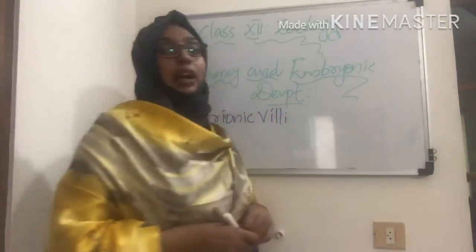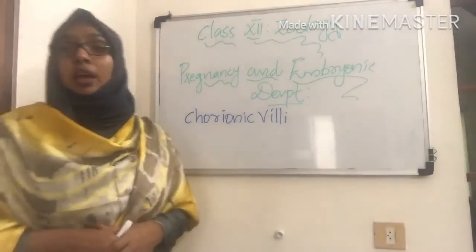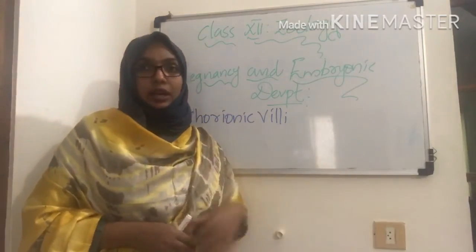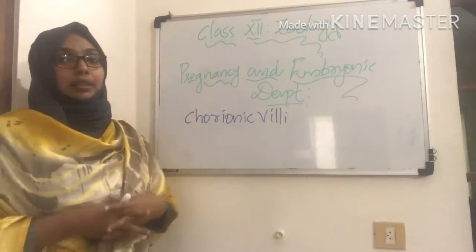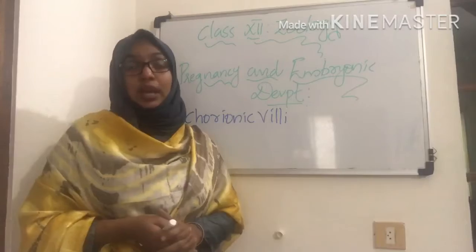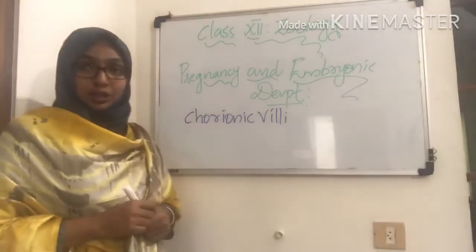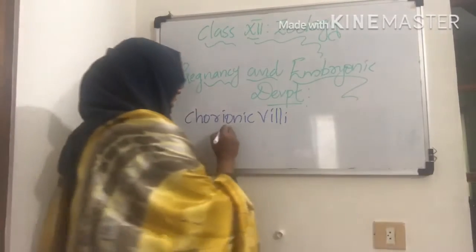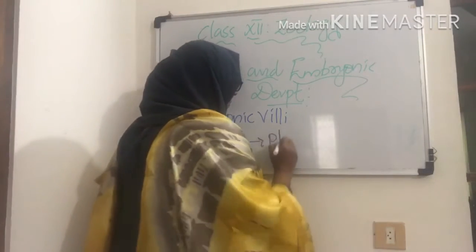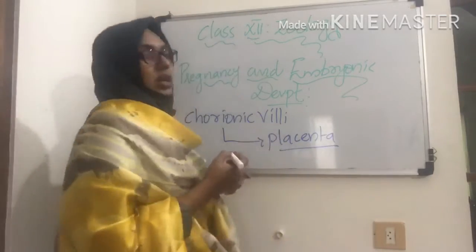They will be surrounded by the uterine tissues and also the maternal blood. Clear? These chorionic villi will soon integrate with the uterine tissues and form a strong structural and functional unit, and it is known as placenta. You have studied about this, right?